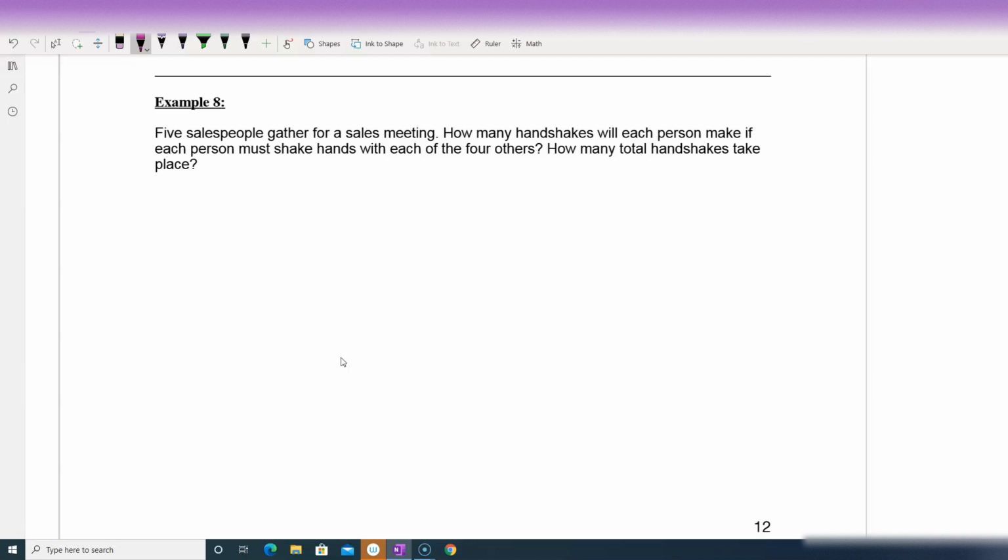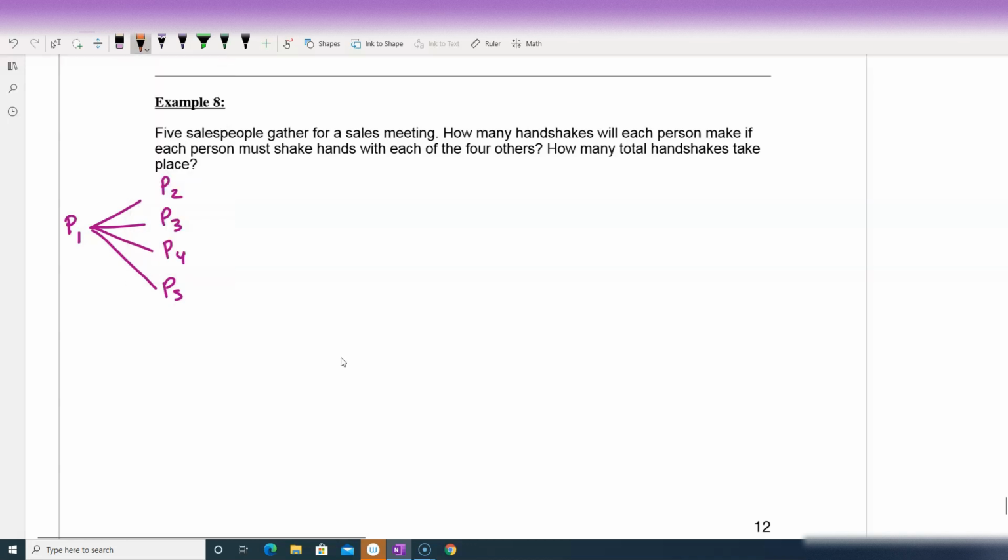For each one I'm using P. So P1 is the first person, P2, P3, P4, P5. So it's person 1, 2, 3, 4, 5. I'm starting with the first person. The first person having handshakes with all of these 4 here. So we have person 2, person 3, person 4, person 5.